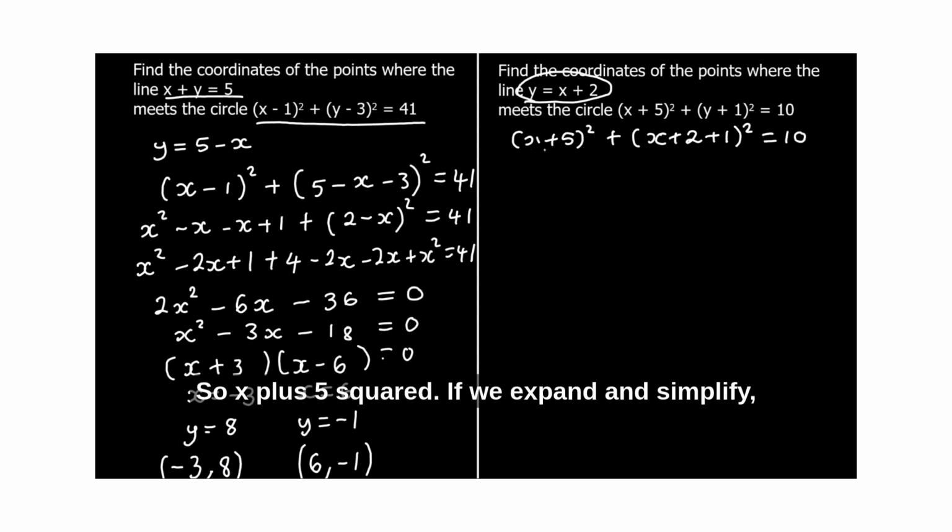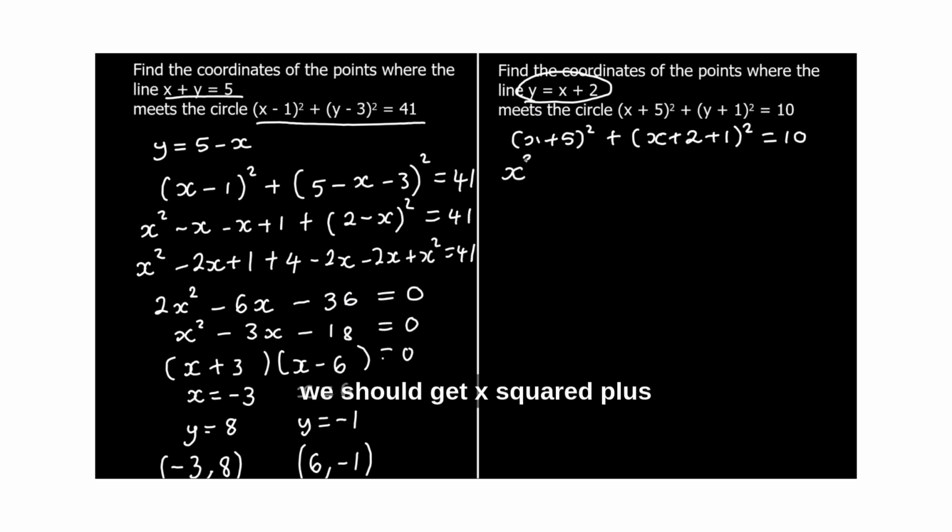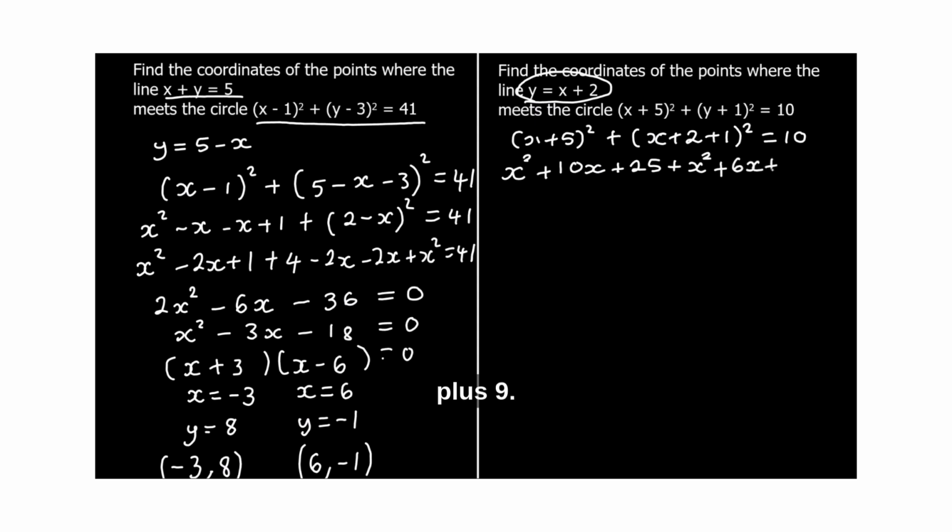So (x plus 5) squared, if we expand and simplify, we should get x squared plus 5x plus 5x plus 25, and (x plus 3) squared, if we expand and simplify, x squared plus 3x plus 3x plus 9.